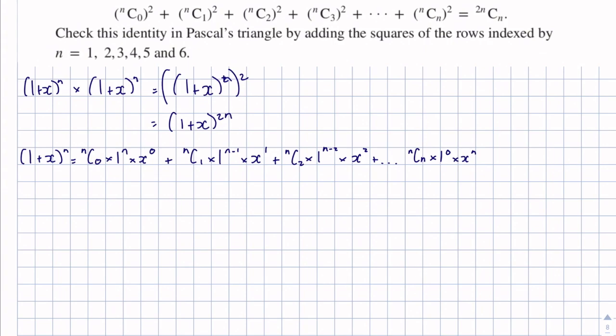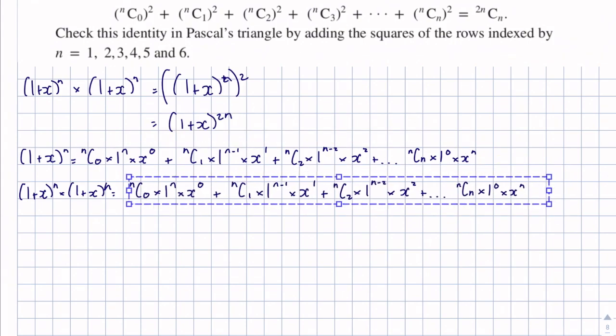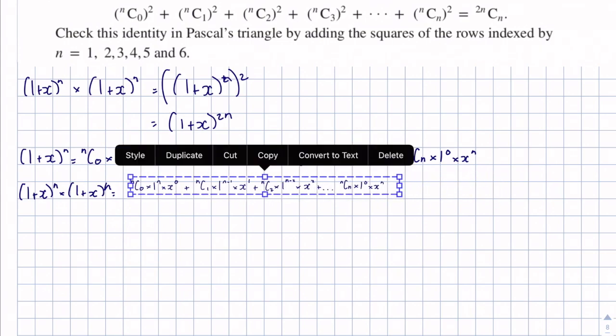If we then have that squared, (1 + x)^n times (1 + x)^n, then that's this whole thing squared. So let me shrink it.